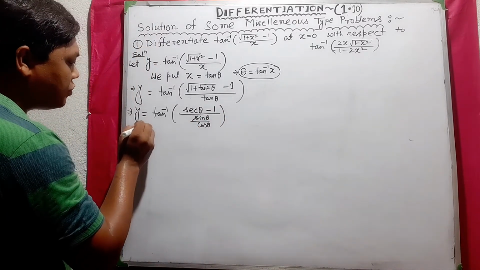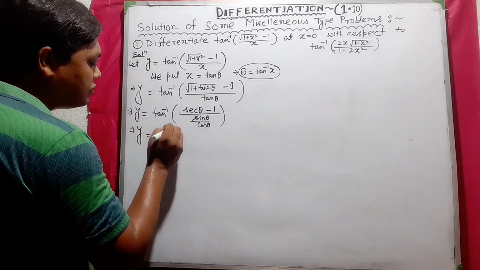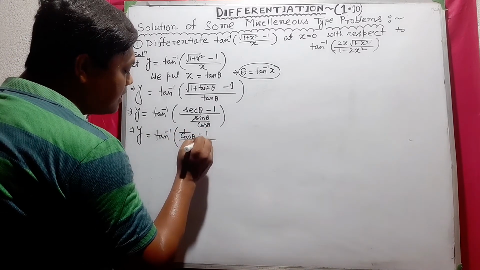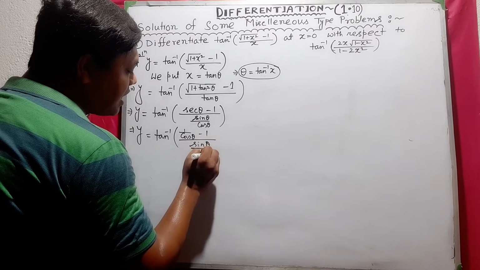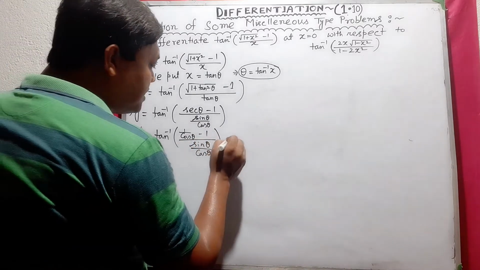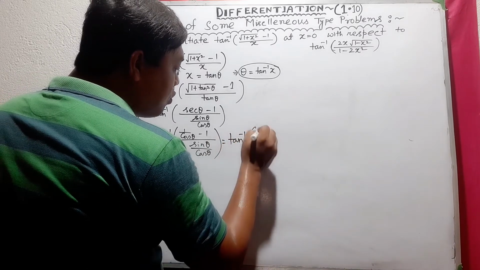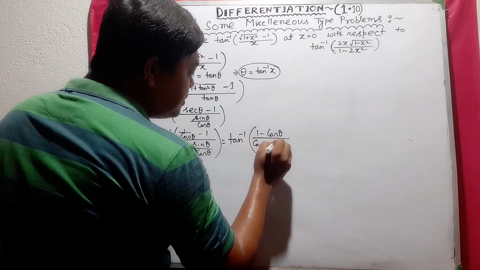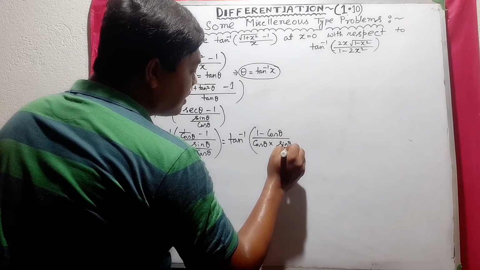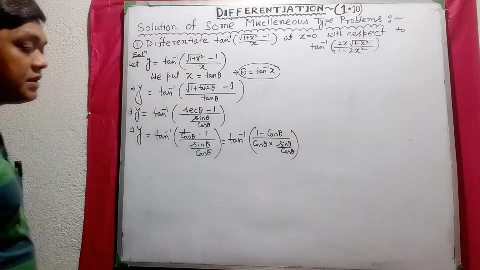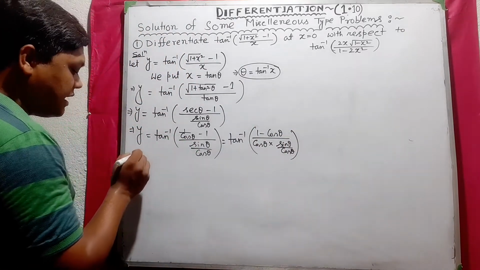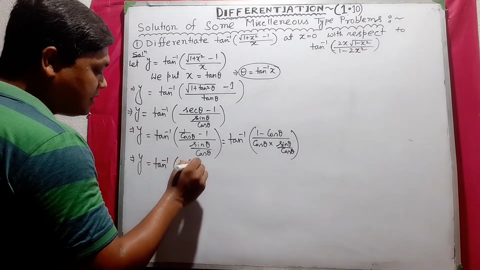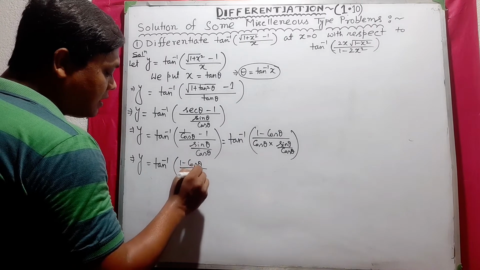If we put sec theta equals to 1 by cos theta, that gives tan inverse of (1 minus cos theta by cos theta) into (sin theta by cos theta). After simplification, cosine cancelled, we get tan inverse of (1 minus cos theta) by sin theta.